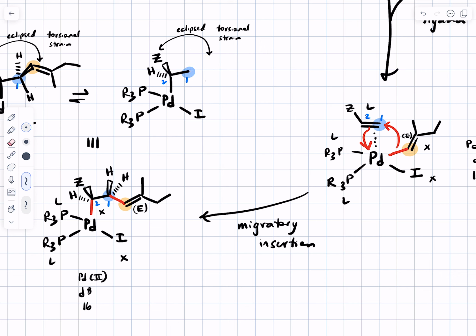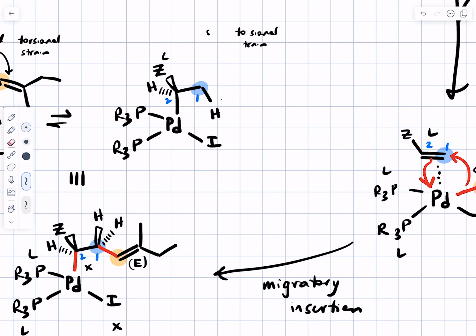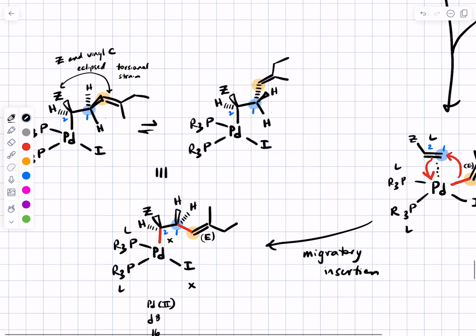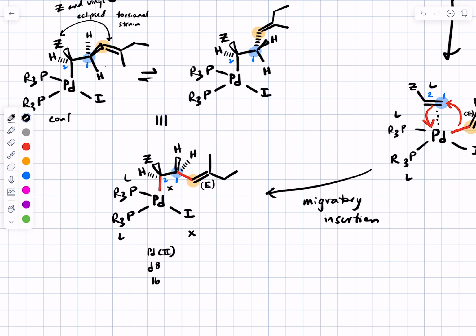If we rotate around that carbon-carbon bond, we get the second hydrogen here, and the orange vinyl carbon is going to be here.